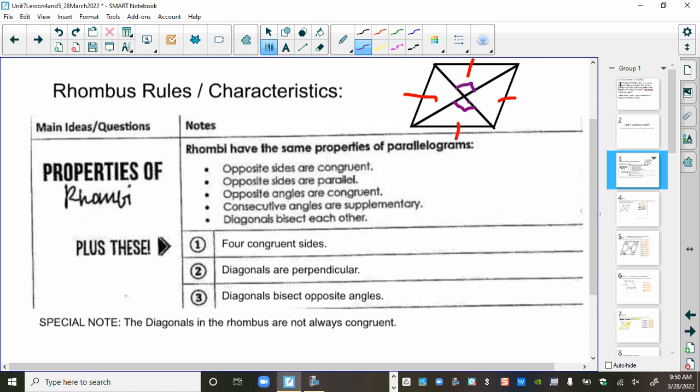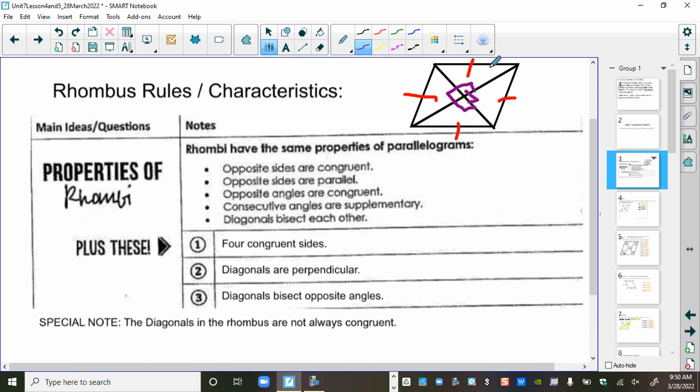Anytime you see a little box, that's what type of angle? 90-degree angle. That's a right angle.